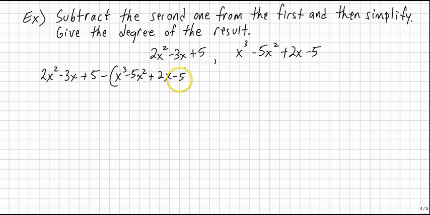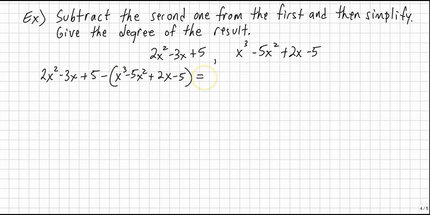Now be careful. We want to subtract the entire polynomial from the first one. Mathematically, that's going to require parentheses around that second polynomial. That way we distribute the negative. We want to make sure we're subtracting the entire polynomial, not just that front term, but the entire polynomial.